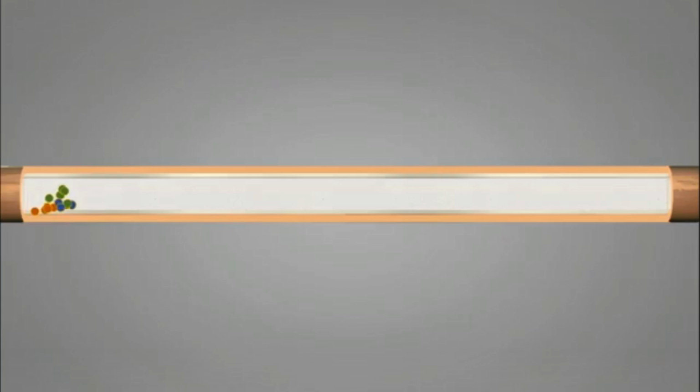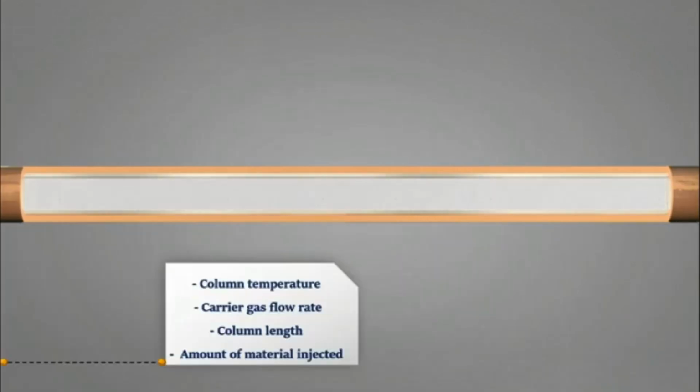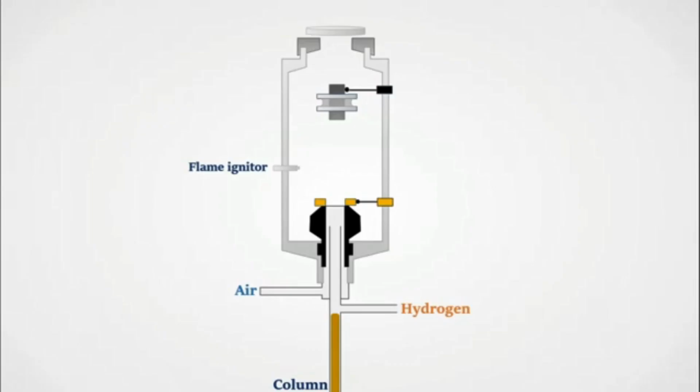And the component which has more affinity to the stationary phase, consequently more interaction, travels slower and eluted later. In addition, other factors influence the separation of the components, such as column temperature, carrier gas flow rate, column length, and amount of material injected. As compounds elute from the column, they interact with the detector. Different types of detectors can be used, such as the flame ionization detector, thermal conductivity detector, and mass spectrometer detector.